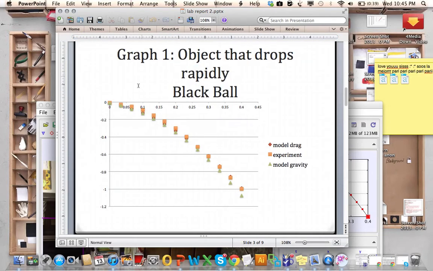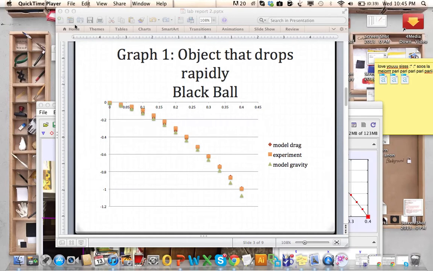And here's our graph number 1, in which the experiment is the orange square, and the model with drag is barely visible because it overlaps with the experiment, marked as the red diamond, and then the model of gravity is the green triangle.